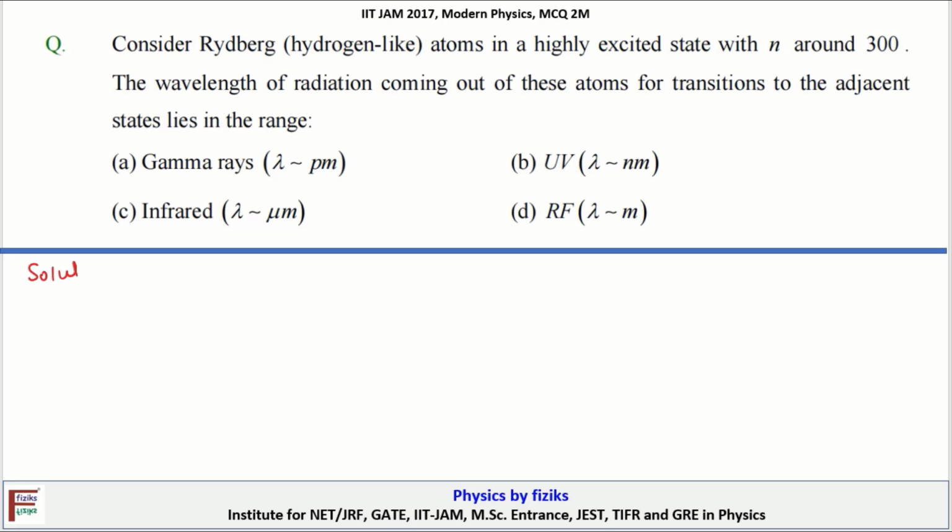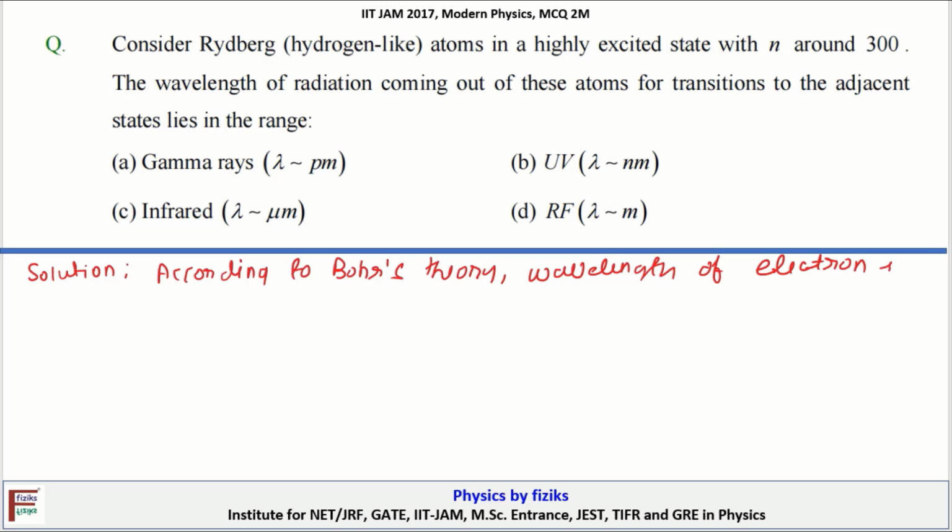So, according to Bohr's theory, the wavelength of the electron transition is given by 1 by lambda equals R infinity times (1 by nf square minus 1 by ni square).